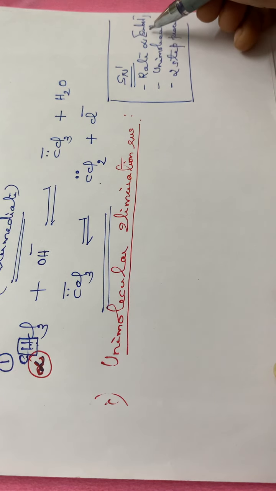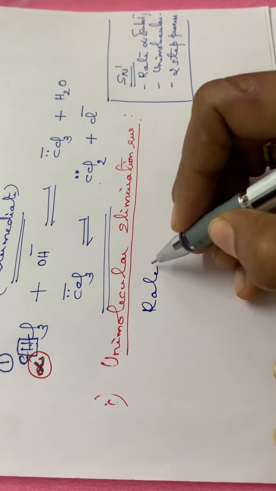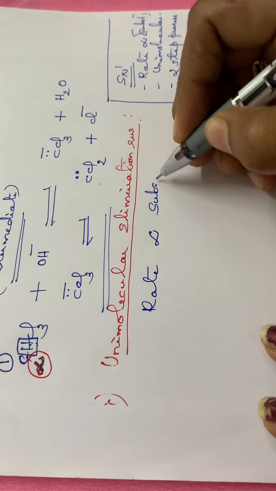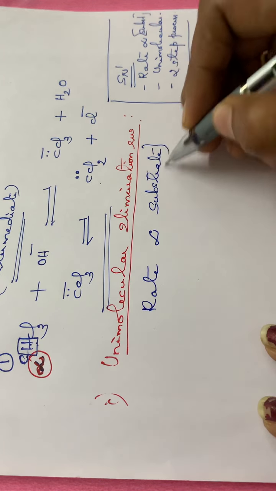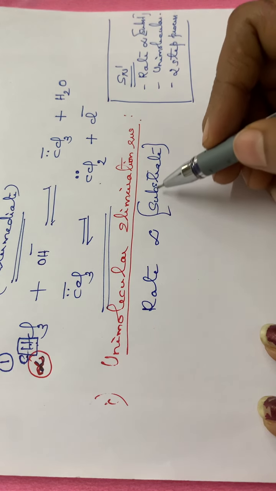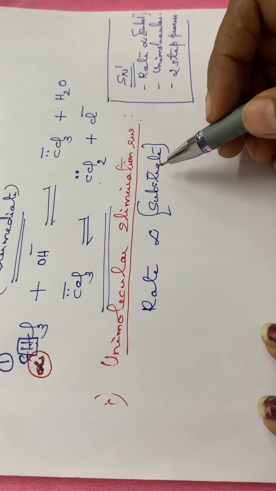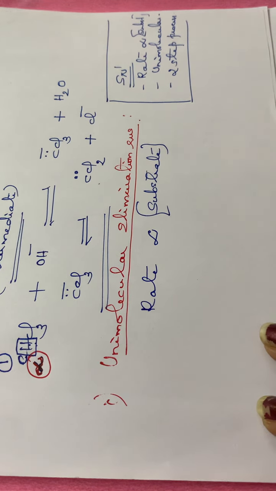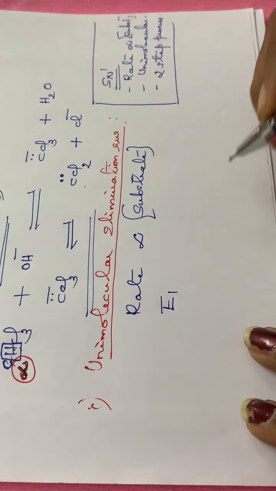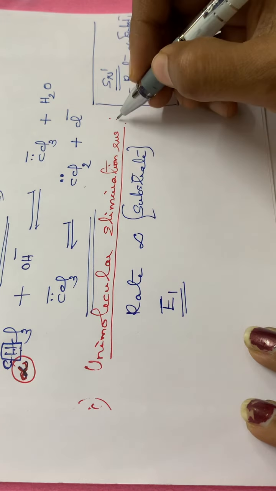In the case of elimination reactions, the rate depends on the concentration of the substrate and not on the concentration of the attacking nucleophile. This elimination reaction is normally designated by E1, unimolecular elimination.